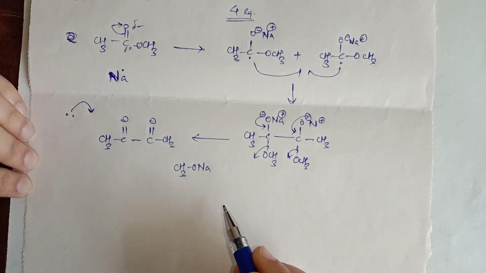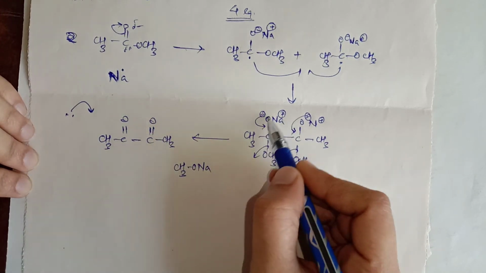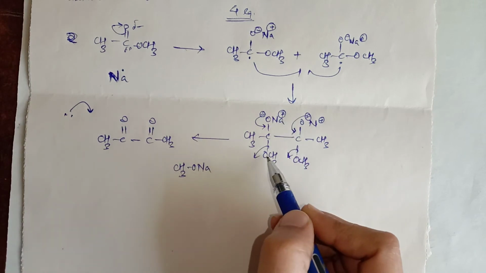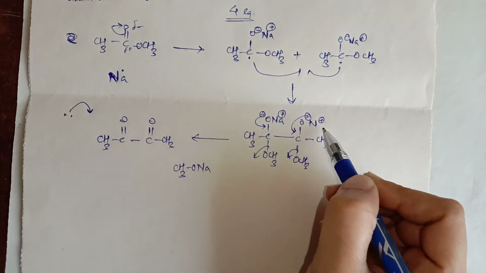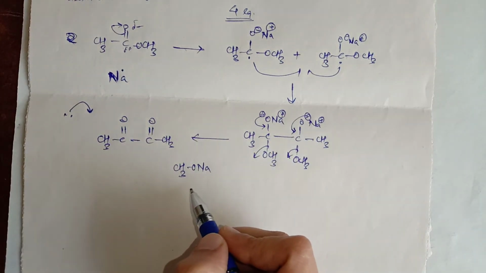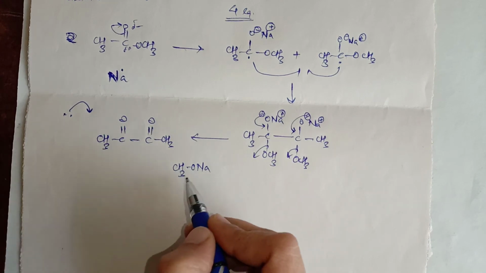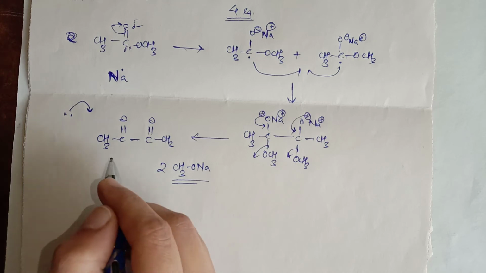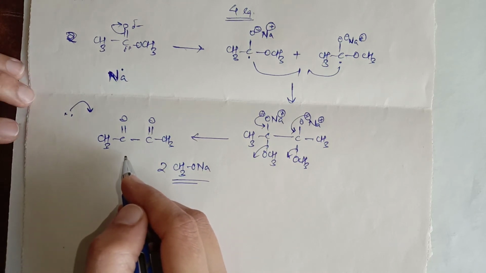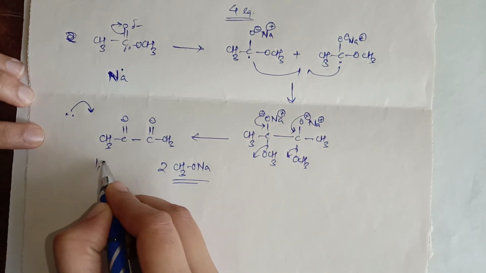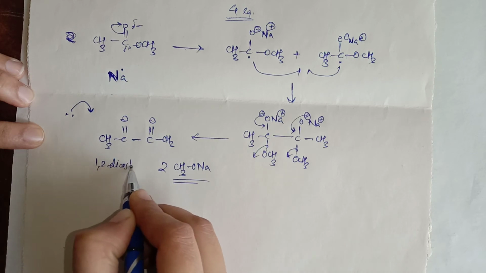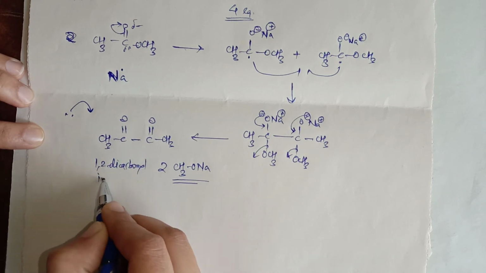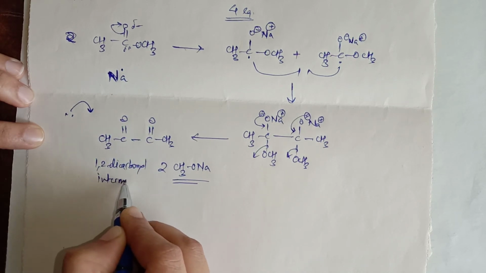Then how many molecules will you get? This sodium and OCH3, this sodium and OCH3. So you will get 2 molecules of sodium methoxide, right? 2 molecules of sodium methoxide, and this one is the 1,2-dicarbonyl intermediate. You are getting the 1,2-dicarbonyl as an intermediate.